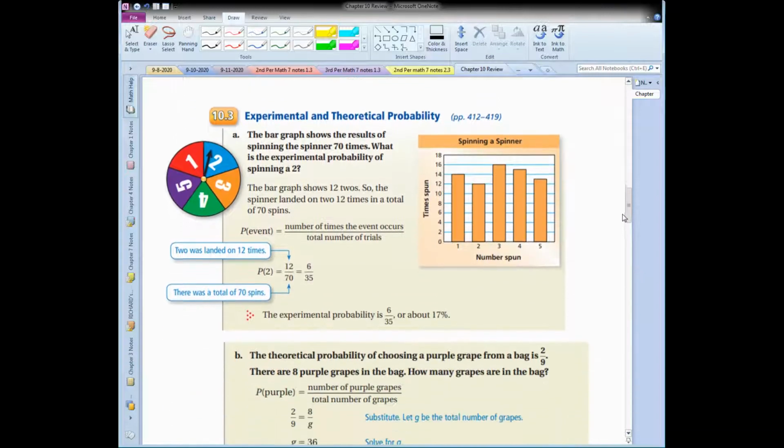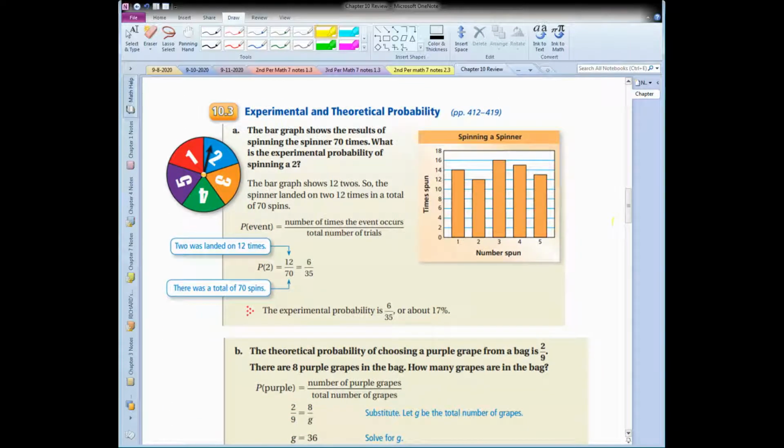Let's look at experimental and theoretical probabilities. Remember, you calculate experimental probabilities when you're conducting an experiment. In the first example, you have a bar graph that shows the results of spinning the spinner 70 times, and you want to know the experimental probability of spinning a 2. You go to your bar graph and see that the spinner landed on the number 2 12 times. Those are my favorable outcomes.